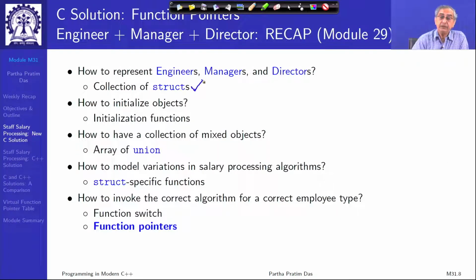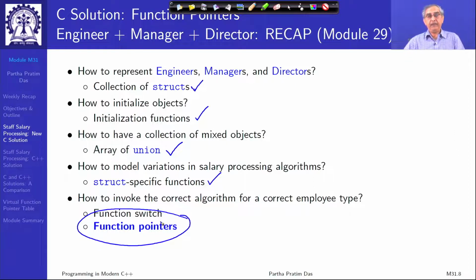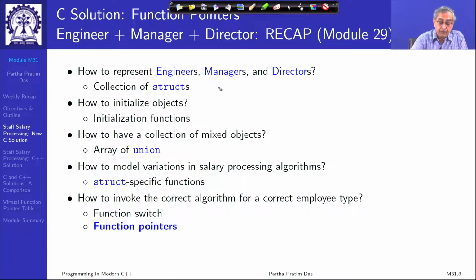The modeling still continues to be in C. It is with structure, initialization function, array of union, structure specific functions, but what we are going to see differently here is, instead of using function switch, we will now see the use of function pointers.